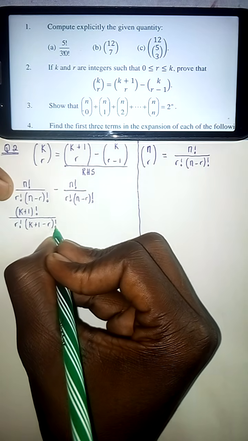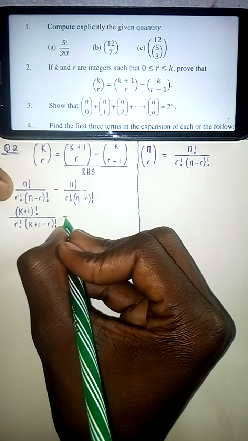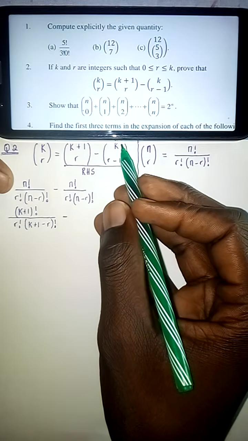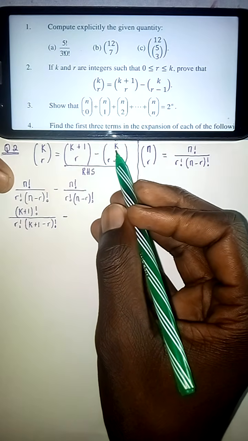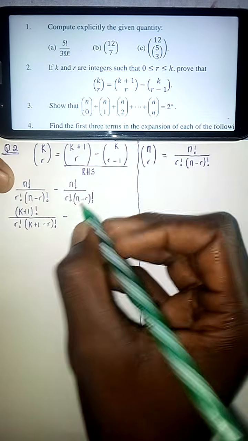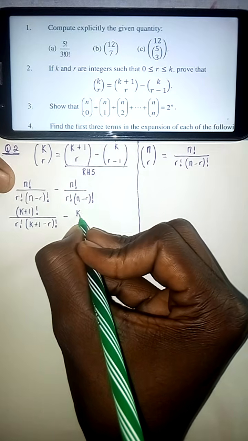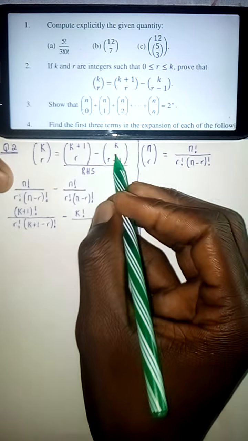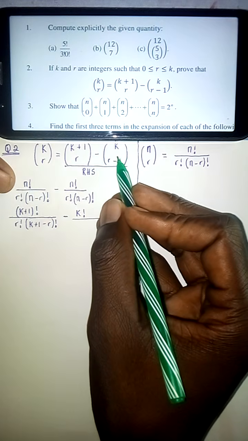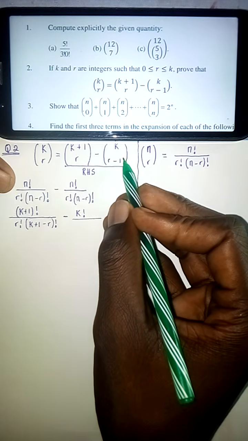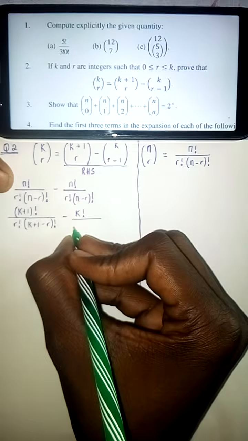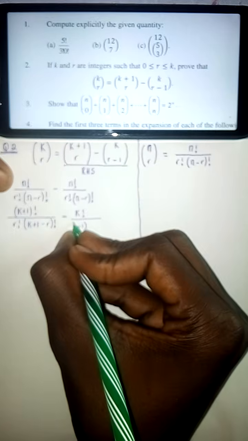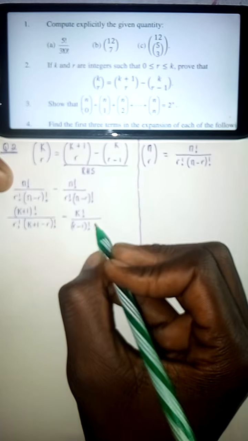Factorial. Minus, we come to this part. Well, what is our n? Our n for this part is simply k, so it will be k factorial over, what is our r for this part? Well, our r is this entire part, so it will be r minus 1 factorial, right?